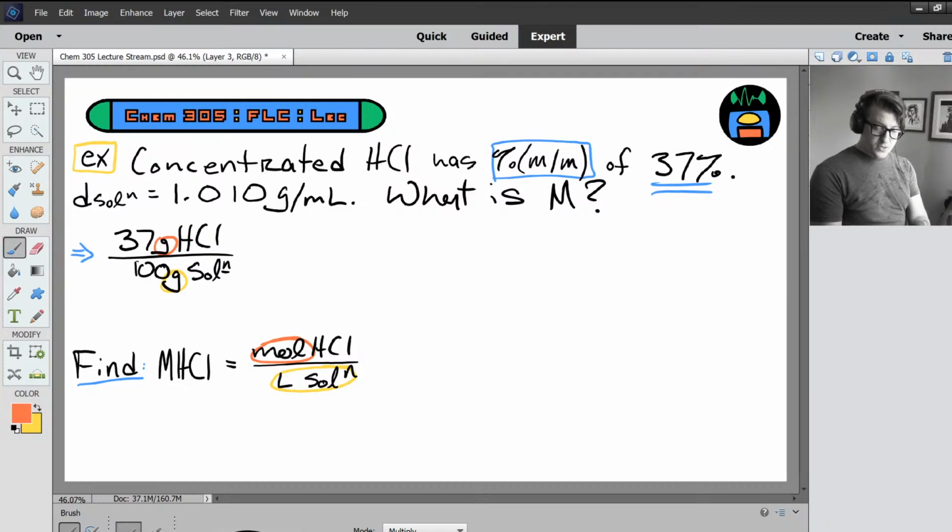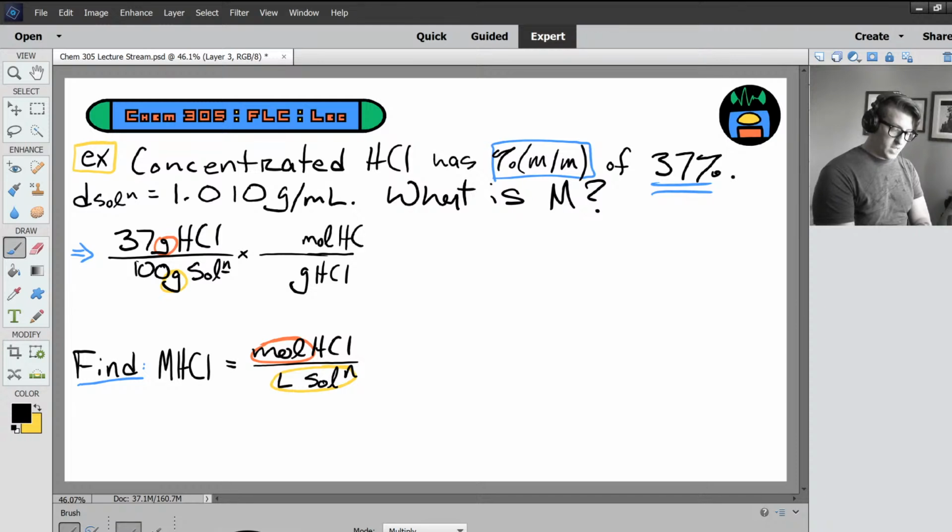Well, which one do we pick first? We can do either first. I'm going to choose to convert from grams of HCl to moles. And to do this unit conversion, we're going to need to calculate a molecular weight. All right, so hydrogen has an atomic mass of 1.01.